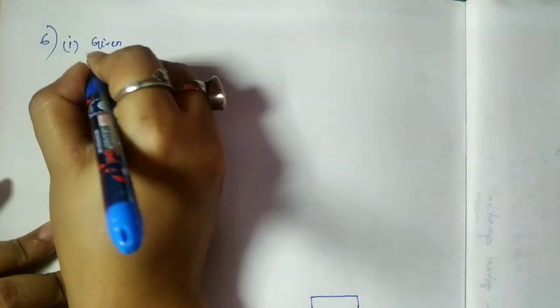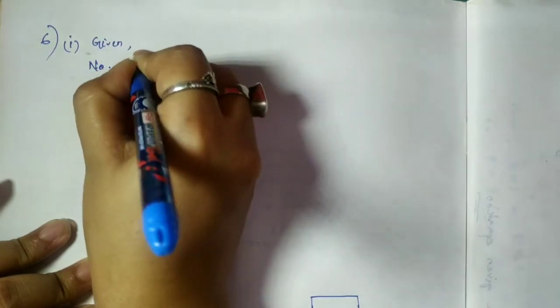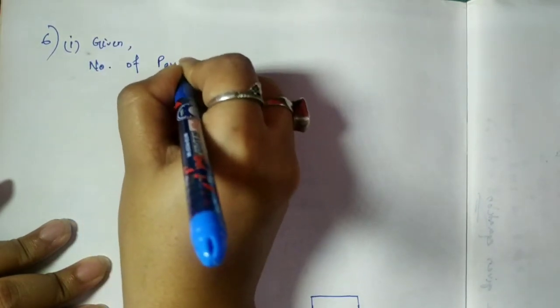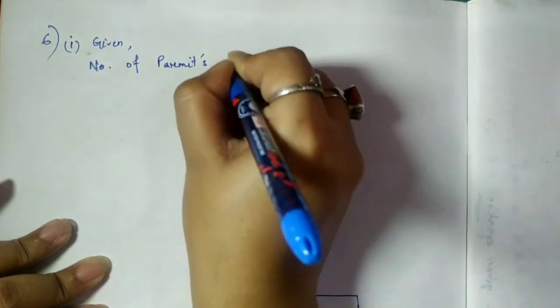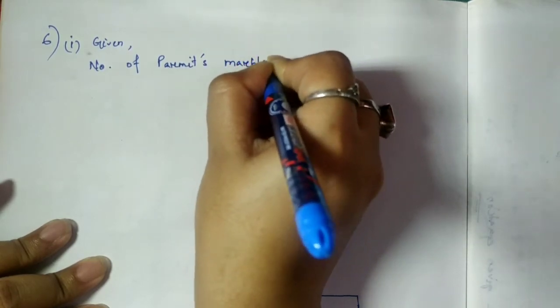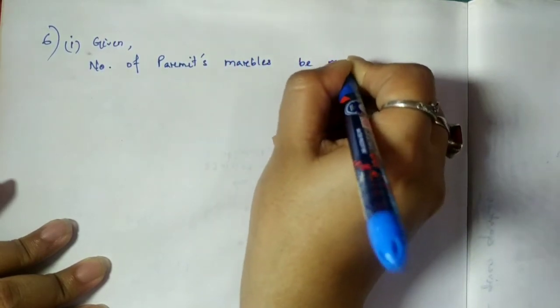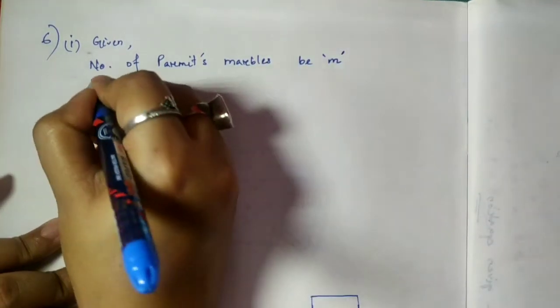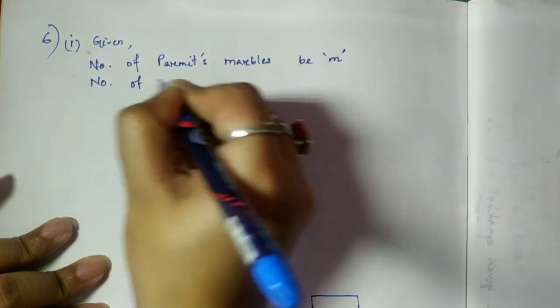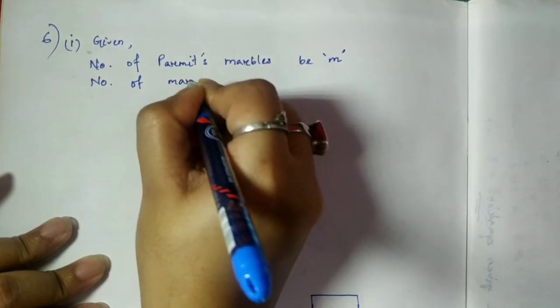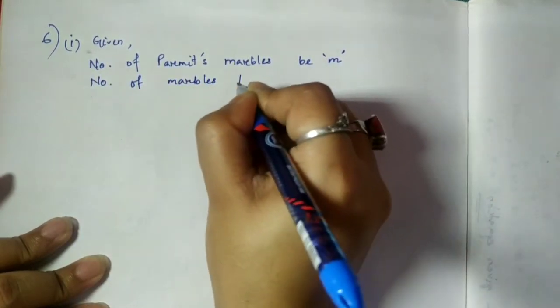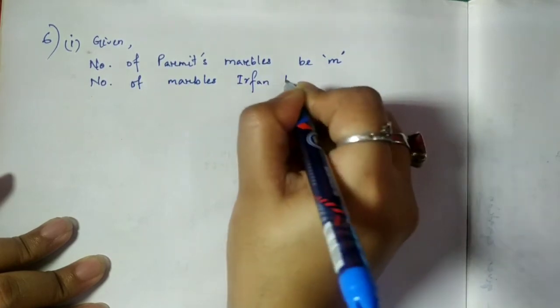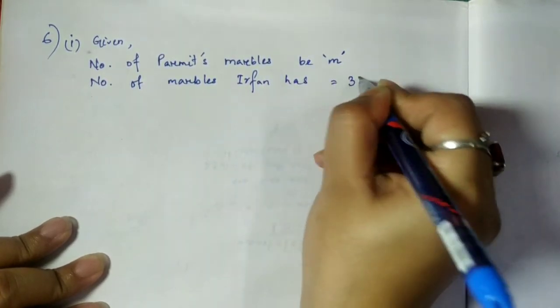Given number of Parmit's marbles be m, because it's not a number, it's a variable, it's m. Okay, and what is given, number of marbles Irfan has is equal to 37.